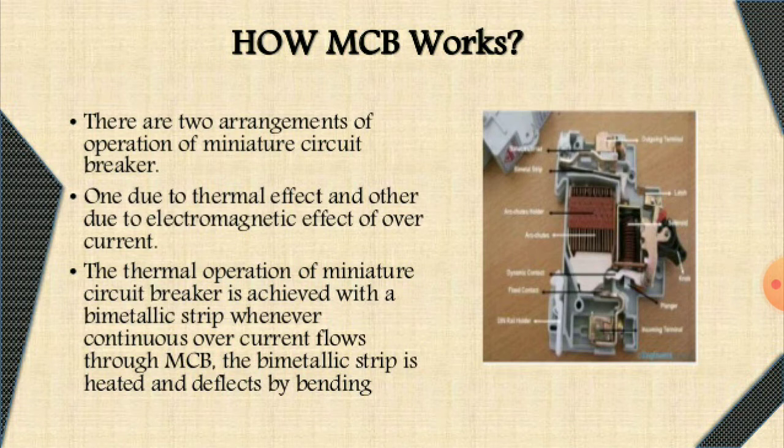Hence it is called the magnetothermic release principle. Whenever an overload condition is there, the thermal circuit will be operated. In that thermal circuit we have one bimetallic strip which will be operated for thermal conditions, and in the electromagnetic circuit we have a magnet and armature which will be operated for any short circuit faults. And this MCB is connected between supply and the load.